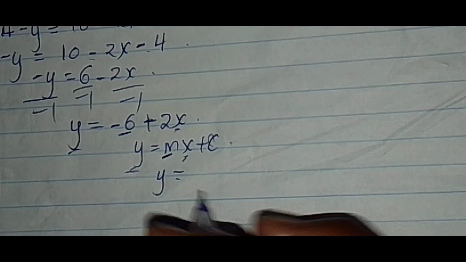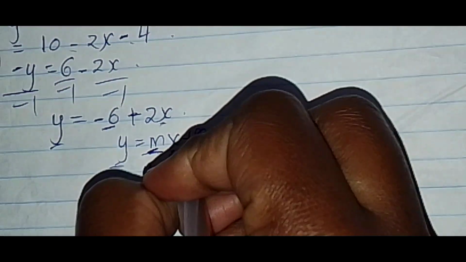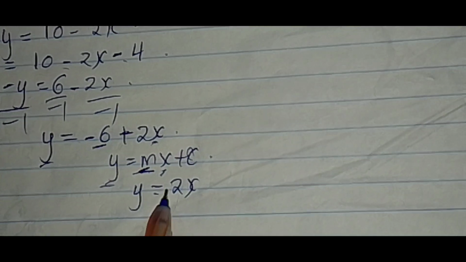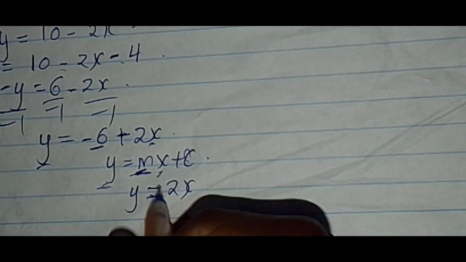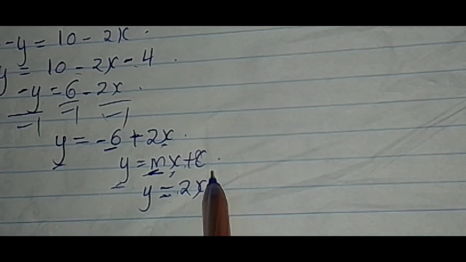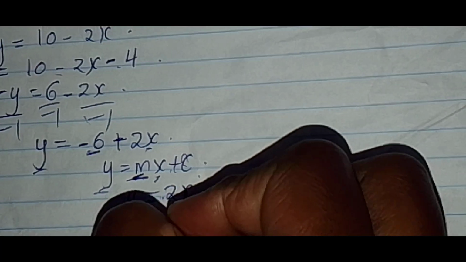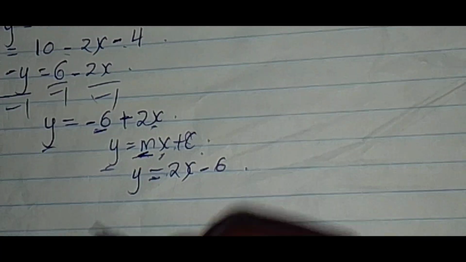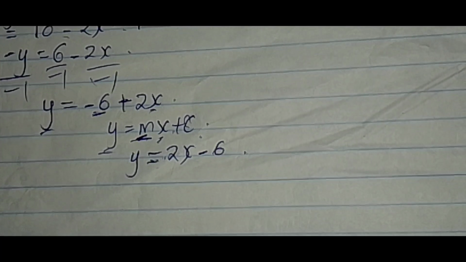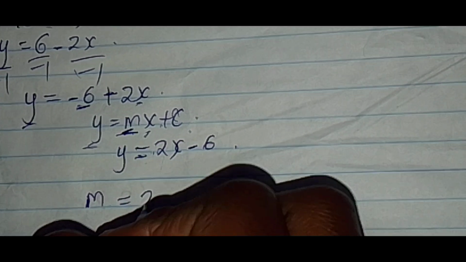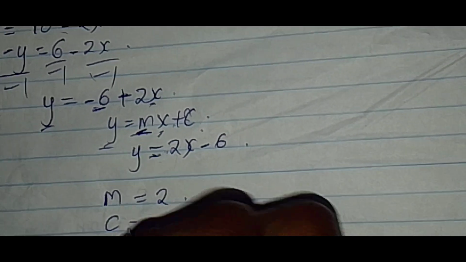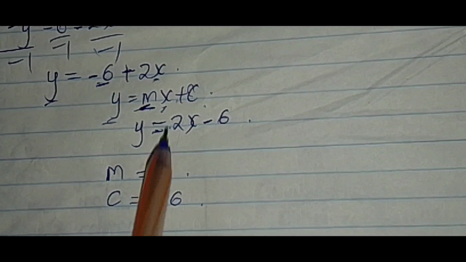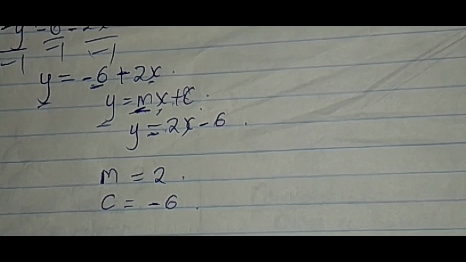So y equals 2x, remember, it is just a positive, plus c, which is negative, so minus 6. So when you are asked, the value of m is equal to 2, while c is equal to negative 6. Hope you have understood. See you in my next video.